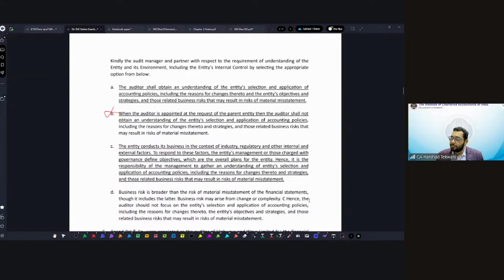What is the problem in this? Anyone? What is the problem in this option, basically? Oops, I think it is. Do you see any problem in this option? Very good, Chitra. Yes.